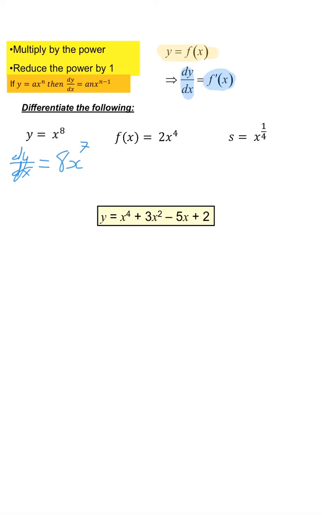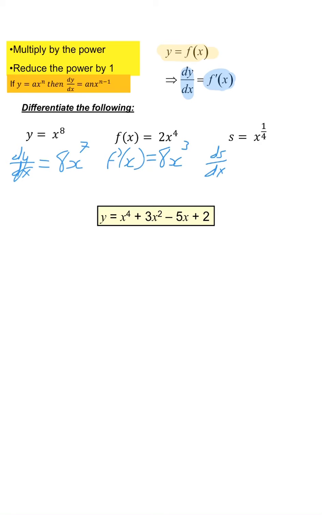Okay, if you look at the next example here, I'm differentiating, so it's going to become f dashed of x. Now, multiply by the power, so 2 times 4 is going to be 8x, then reduce the power by 1, so it becomes the power of 3. The next one then is s equals, so it's not y equals, so in this one it's going to be ds over dx, because there's no y, it's an s.